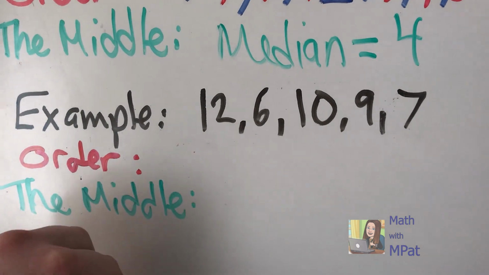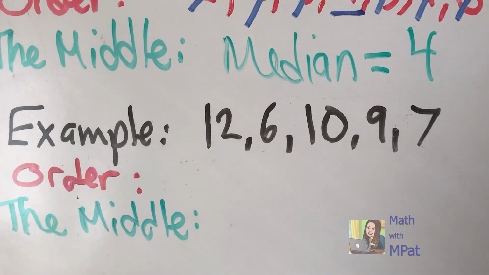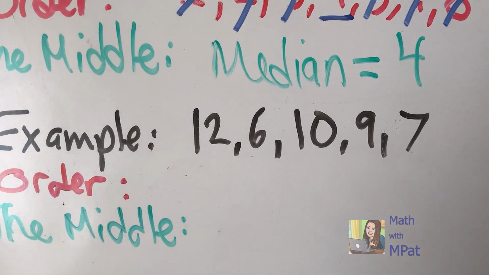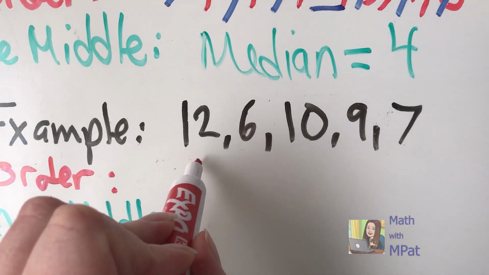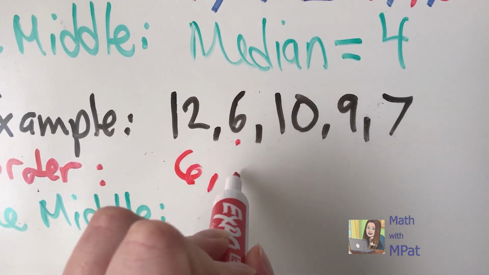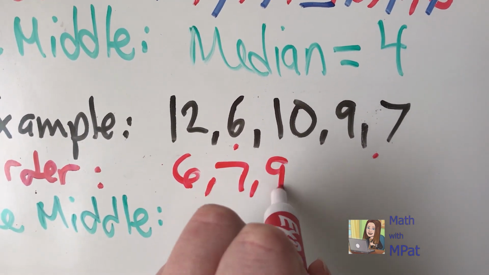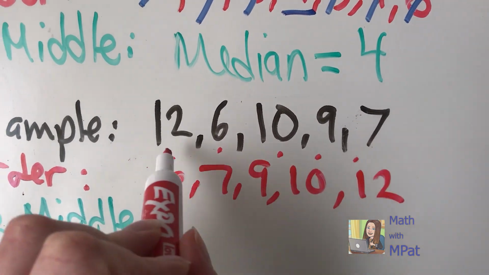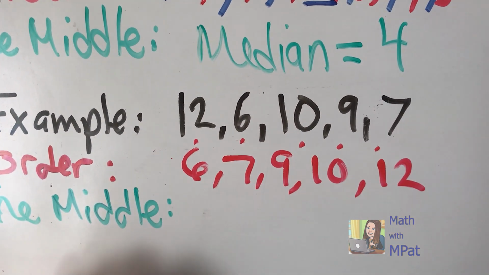Let's do another set. We have 12, 6, 10, 9, and 7. Let's reorder them. 6, 7, 9, 10, and 12. I got them all.